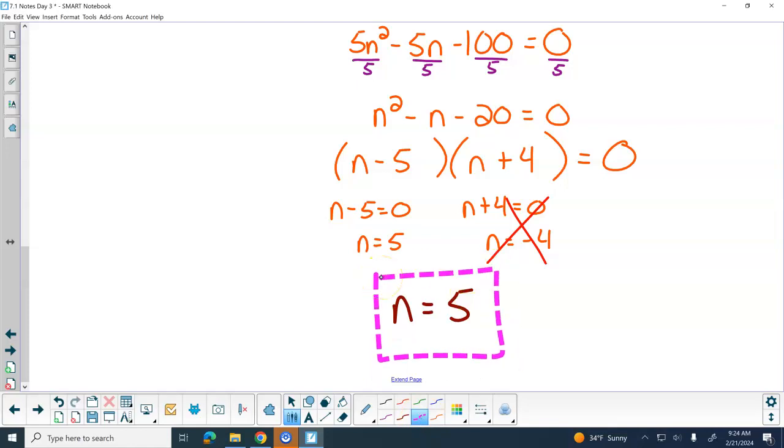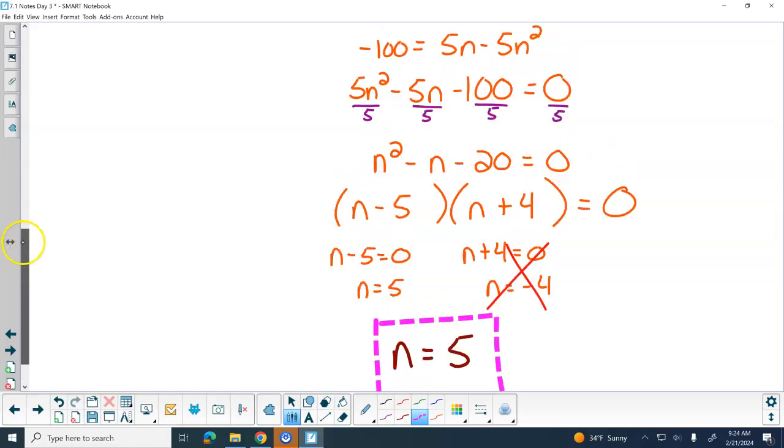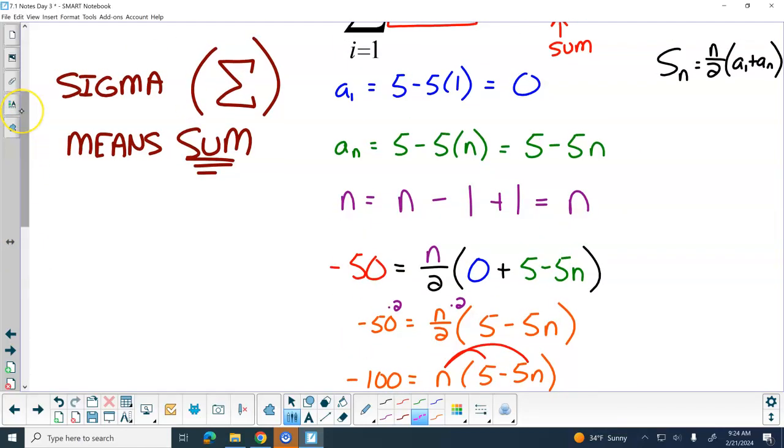n is 5. Now we can go back up here. So if n is 5, let's check it here in the black. If n is 5, it's 5 over 2 times 0 plus 5 minus 5 times 5.